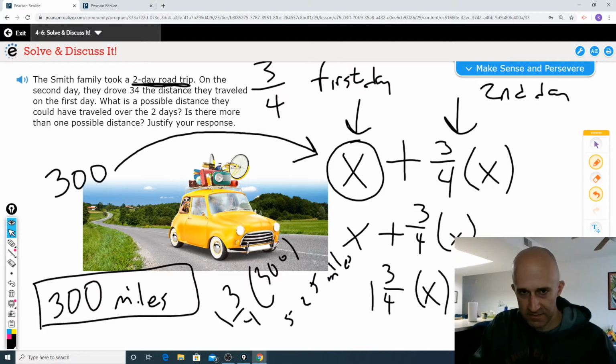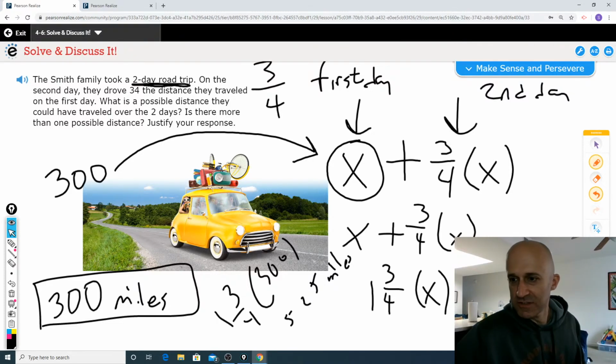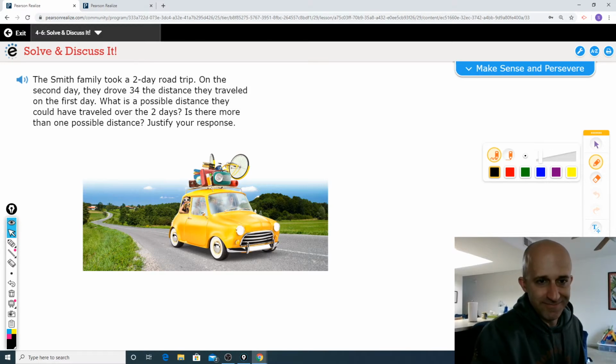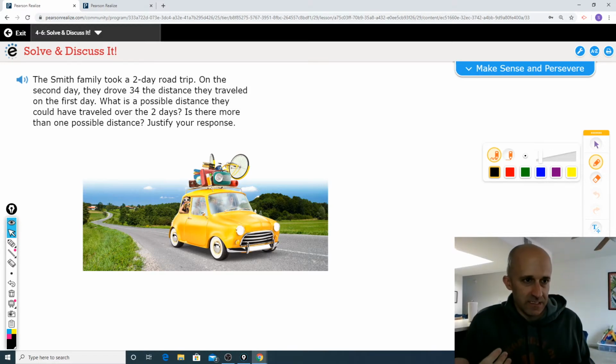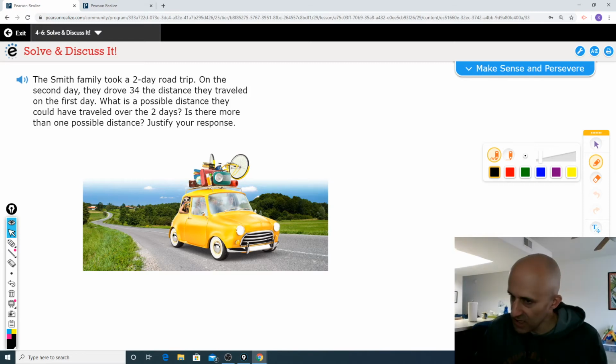Again, I know it's a lot of writing, but it's just showing you. If you ever get a question that asks what's a possible distance, is there more than one possible distance in this instance? Yeah, they could have traveled 50 miles. They could have traveled 200 feet on that first day, for all you know.